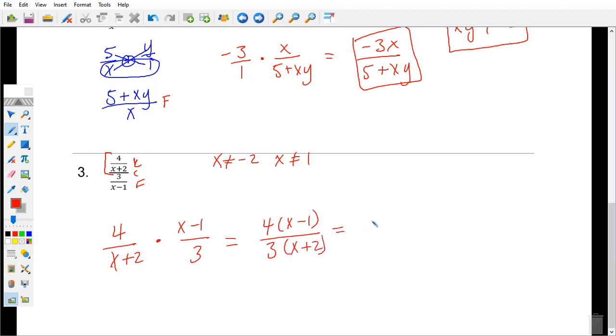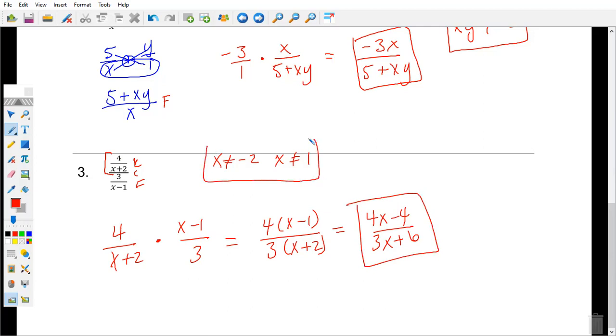And what do we get? 4x minus 4 over 3x plus 6. And that -2 already satisfies that restriction. Does that make sense? So that would be the simple one.